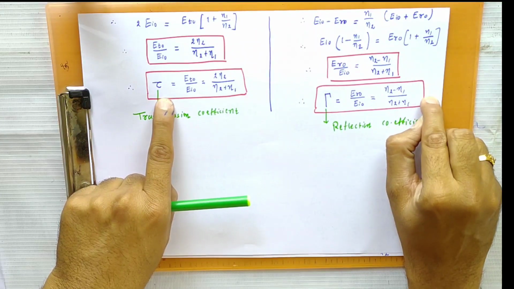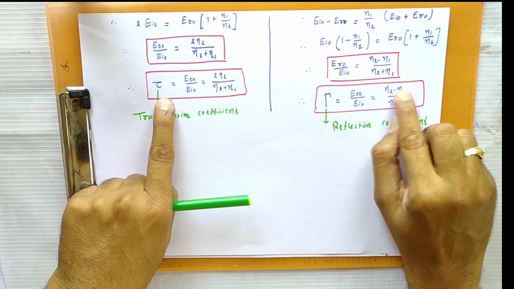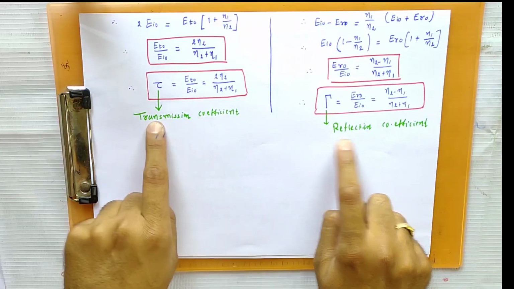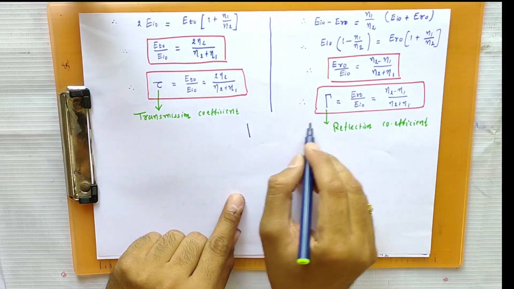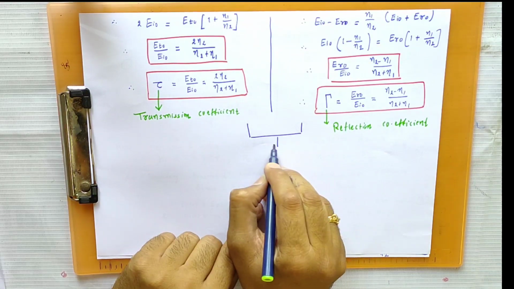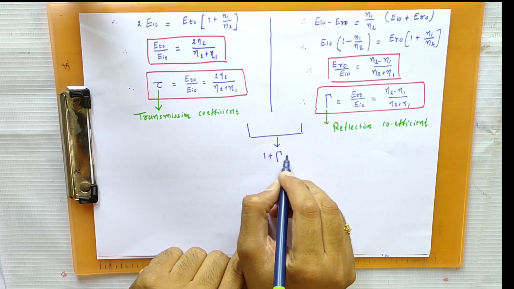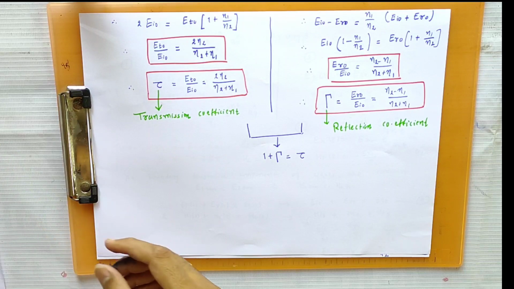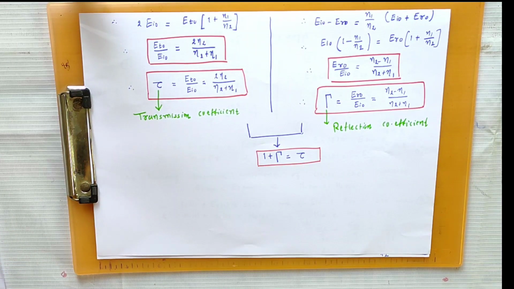So (eta 2 minus eta 1 plus eta 2 plus eta 1) divided by (eta 2 plus eta 1). Eta 1 cancels, so 2 eta 2 upon eta 2 plus eta 1. The relationship between transmission and reflection coefficient is 1 plus capital tau is equal to small tau.